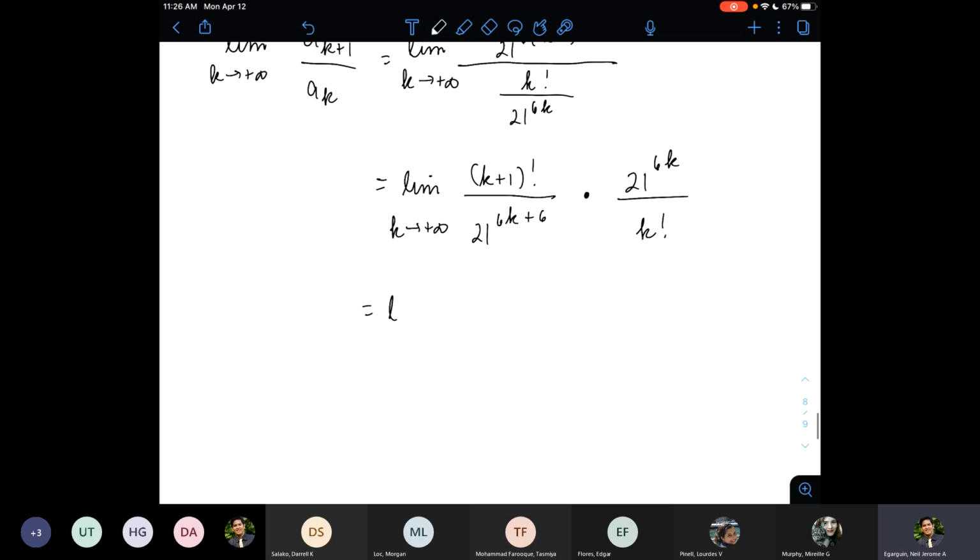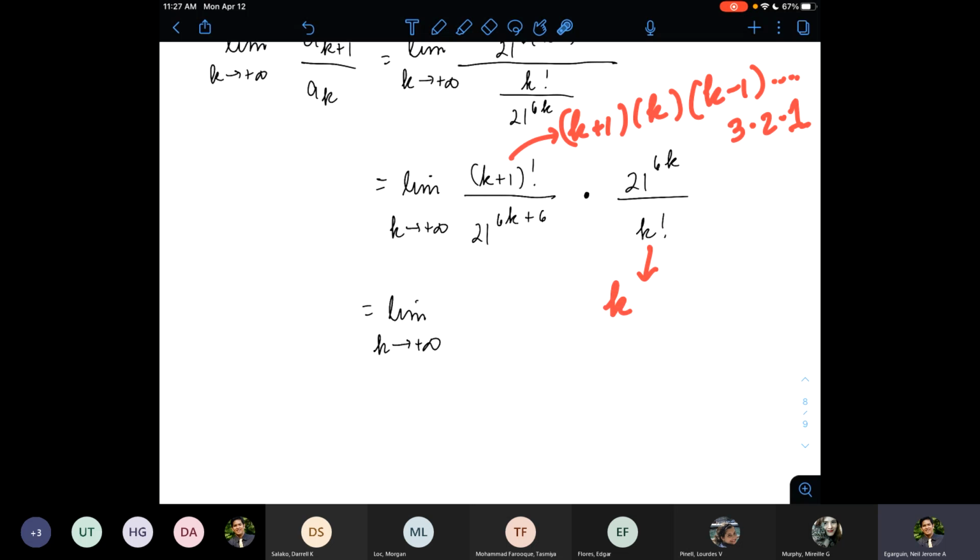Okay? And then the reason why the ratio test is helpful here is because there would be nice cancellations between the factors. So here I have k plus 1 factorial. I can cancel some of the factors with a k factorial below. Because remember, this guy means k plus 1 times k times k minus 1 until you reach 3 times 2 times 1.